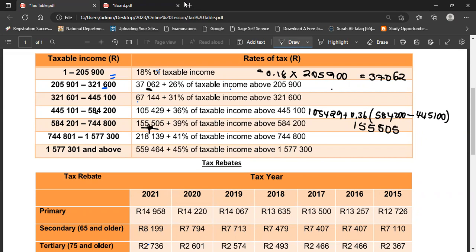All right, that's how we determine the values that we have here.